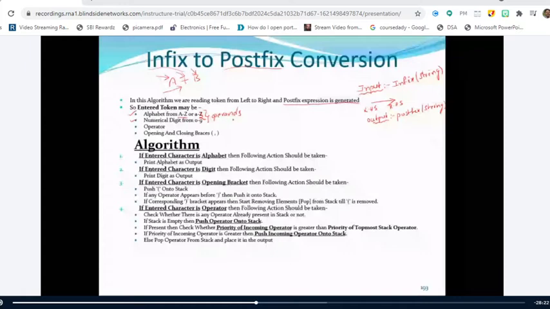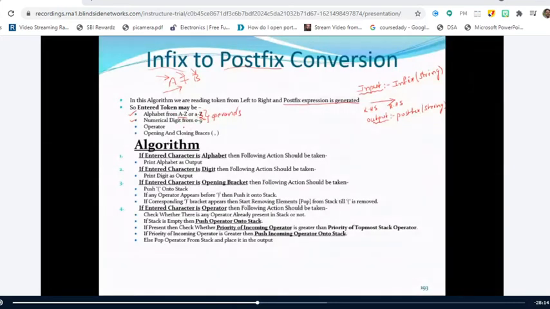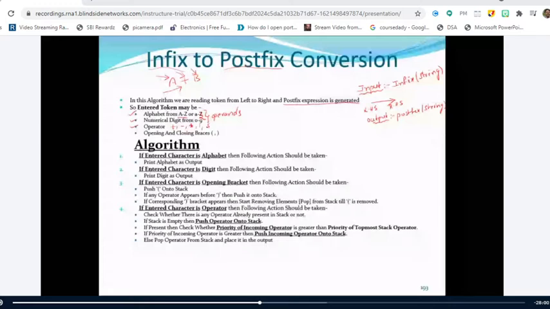So operands can be capital A to Z, small a to z, or digits also. Again, in the infix expression, we may come across operators like plus, minus, star, division, exponentiation.